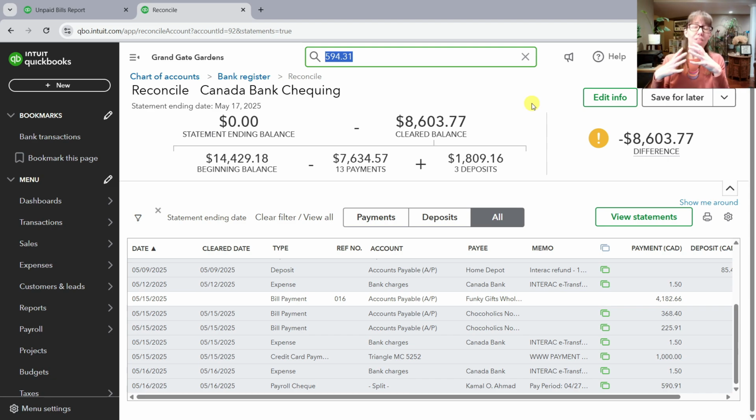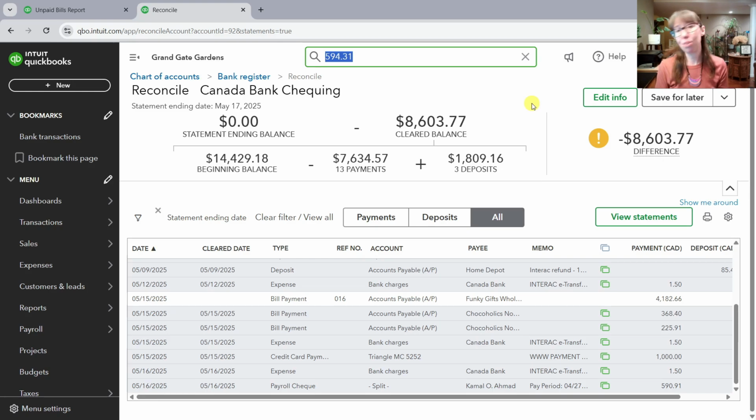So there are so many reasons that I don't like that match button option. As you can see, it is not the end of the world. But as somebody who does bookkeeping for a living and has to troubleshoot and doesn't always have the information because life happens, and because that match option that we just did isn't an accurate representation of what's actually going on in the bank and on the statement, it just adds more complexity to when you're trying to fix things that happen in real life.